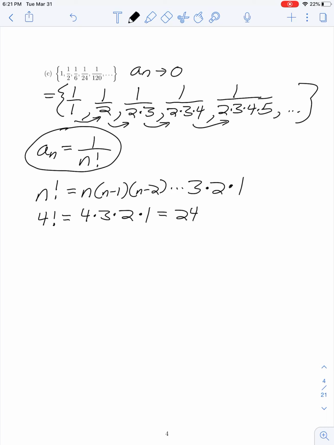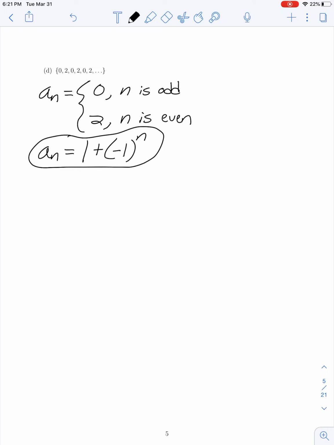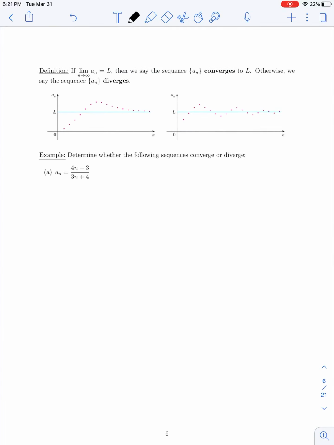For this next term, 1, 1/2, 1/6, 1/24, 1 over 120, we see again that the terms of my sequence seem to be getting smaller, approaching 0 as we keep listing them. For this Part D example, as n gets larger, our terms are going to keep oscillating between 0 and 2. There is no number that a sub n seems to approach.